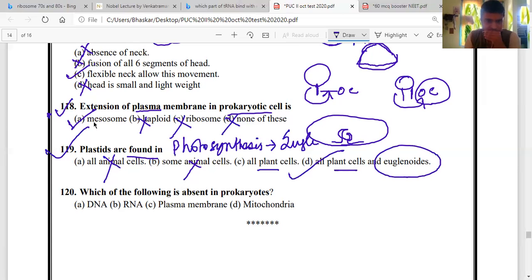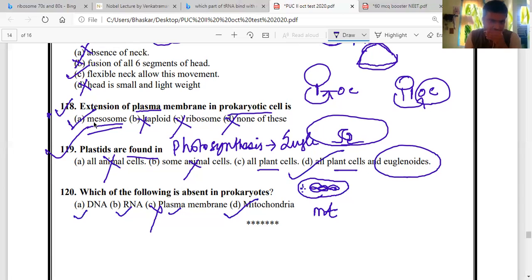Last, which of the following is absent in prokaryotes? Okay, now prokaryotic cells have a nucleoid and they have naked DNA, and they have ribosomes. But definitely they do not have mitochondria. That is why they have a mesosome for respiration. They do not have mitochondria, but they have a plasma membrane. So wrong. They may have RNA or may have DNA. No, they definitely don't lack RNA.